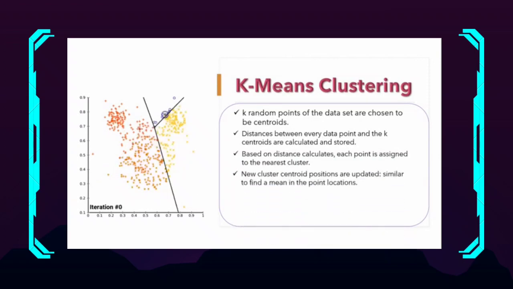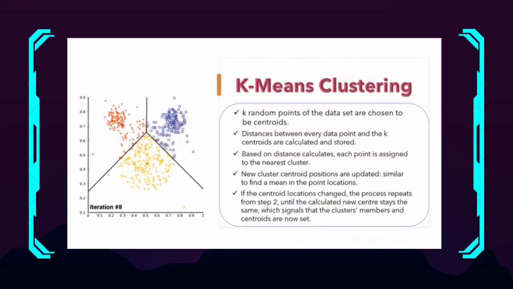After that, new cluster centroid positions are updated, similar to finding a mean of the location points. If the centroid location changes, the process repeats from step 2 until the newly calculated center stays the same, which signals that the cluster's members and the centroids are now set.